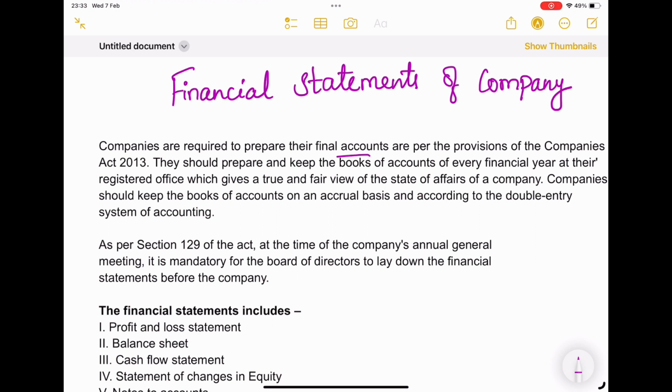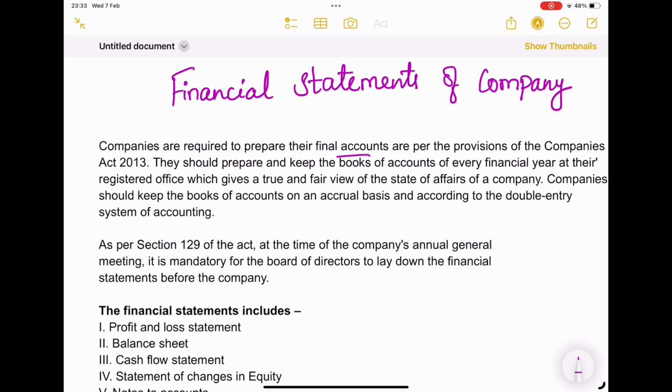Some partners will be sleeping partners, where they invest only some amount and later take the profit from the company, isn't it? So in order to maintain transparency, in order to give the true value of the accounts, the Companies Act keeps changing the rules in order to standardize the accounting format.